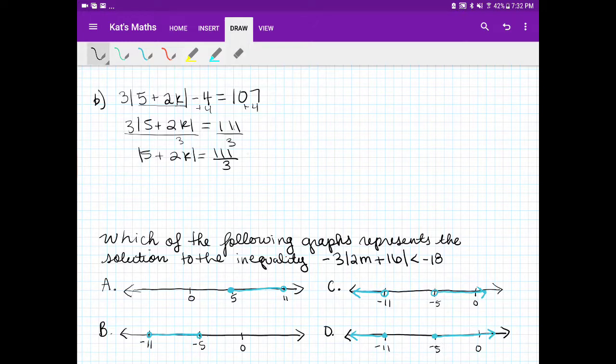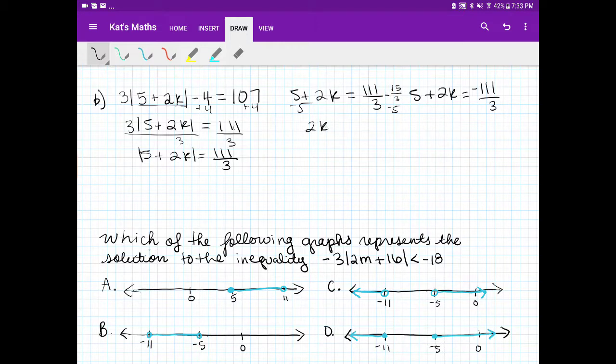Now we're going to set this equal to its positive and negative. So 5 plus 2k is equal to positive 111 over 3, and 5 plus 2k is equal to negative 111 over 3. So we'll subtract 5 from both sides. So in terms of thirds, 5 is 15 thirds.